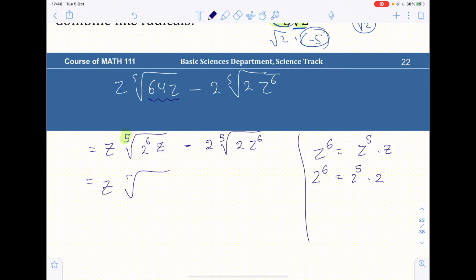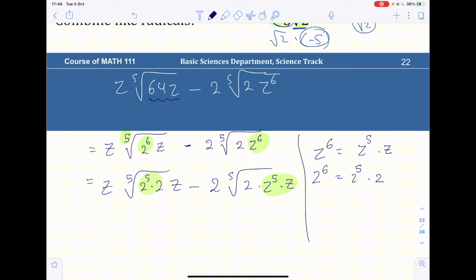This would be 2 to the power 5 times 2, z minus 2 times z to the power 5 times z. Okay, so all what I have here is just to divide these to a power of 5 times a number.